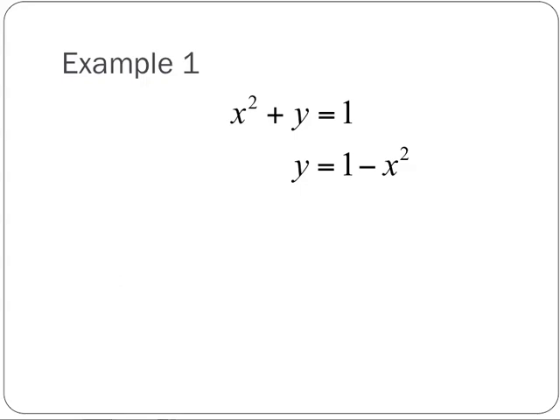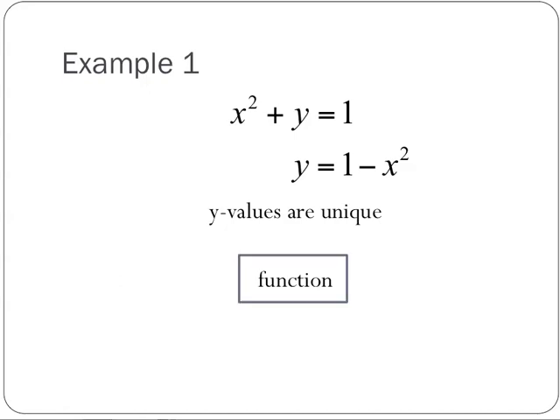You can try this out and see, okay, if I plug in a positive number in there, do I only get one y value? If I plug a negative number in there, do I only get one y value? In this case, yes, the y values are unique, and if you know the y values are unique, that must mean that this is a function.